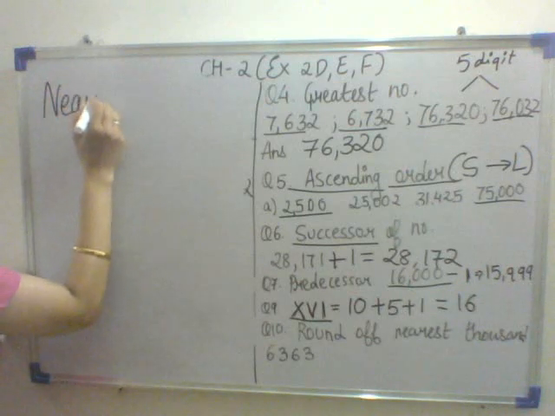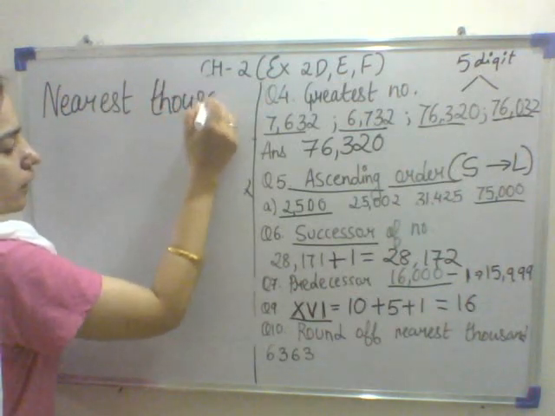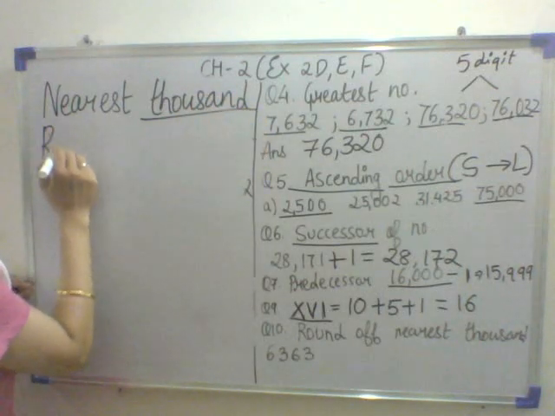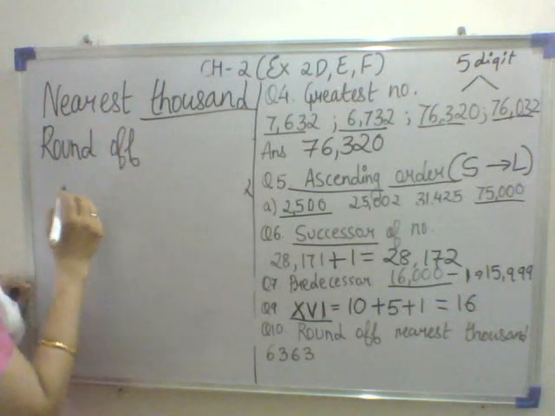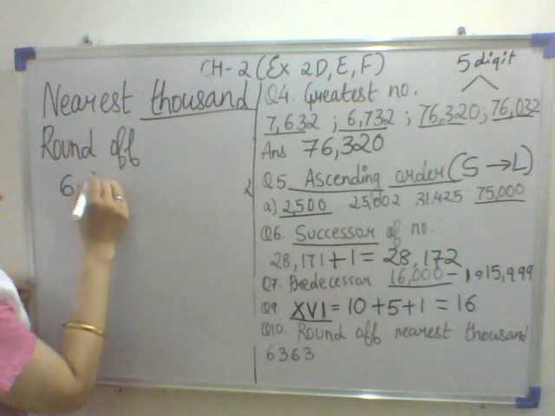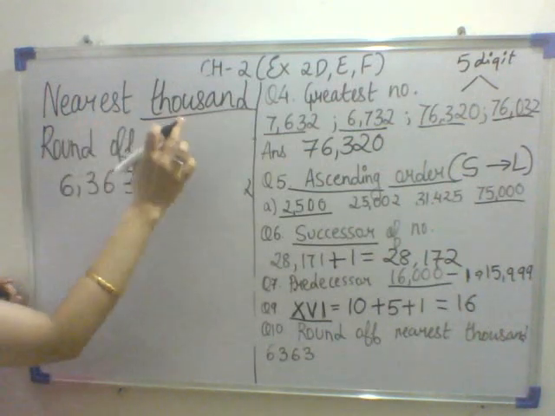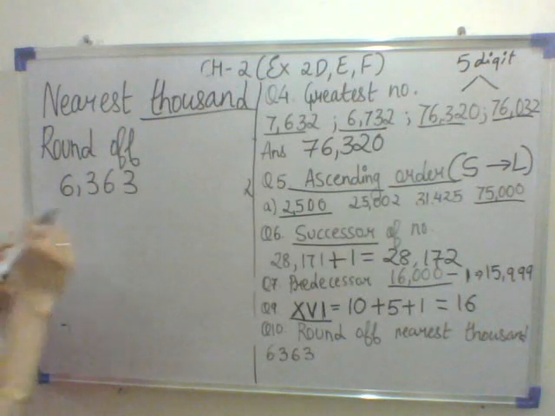What you have to do? You have to round off the number to the nearest 1000. This is the number, 6,363. You have to round it off to the nearest 1000.